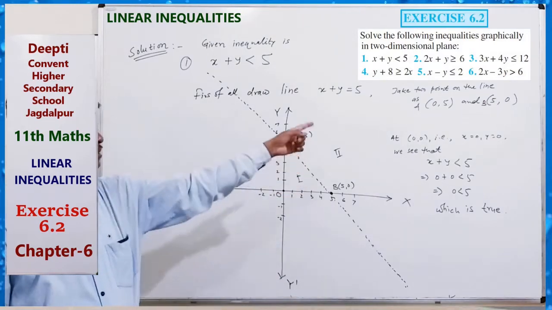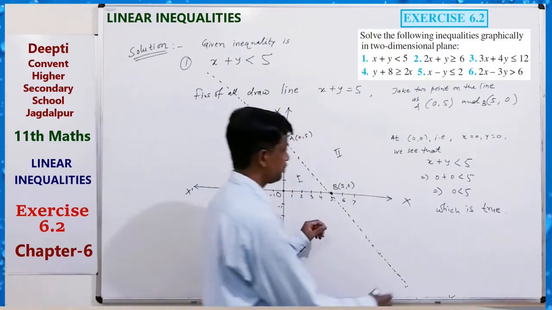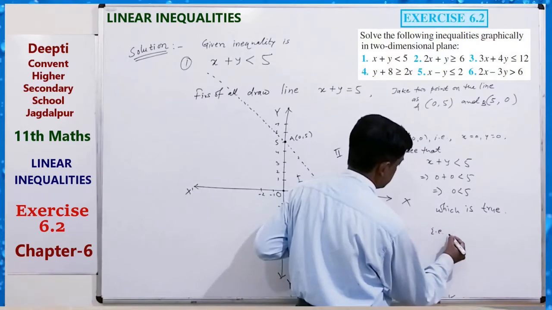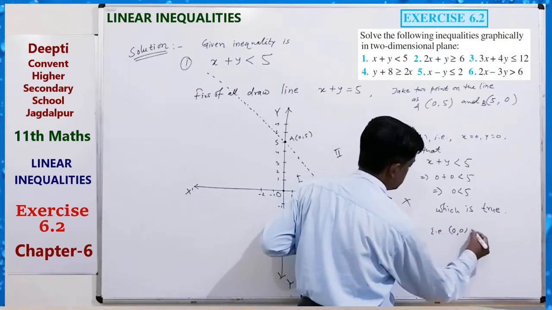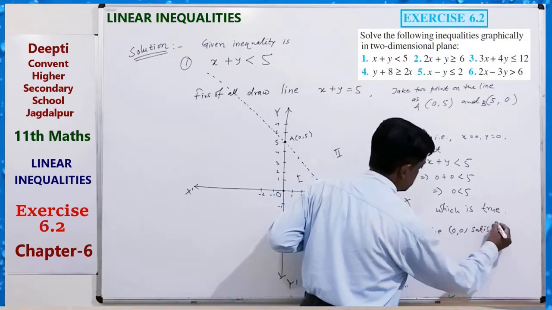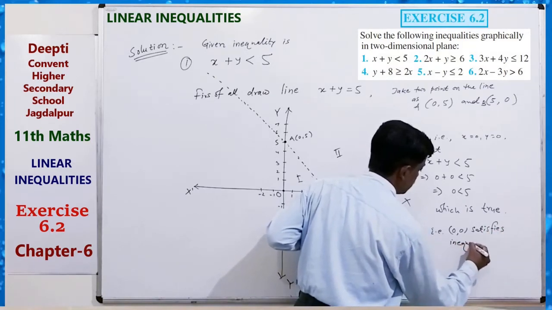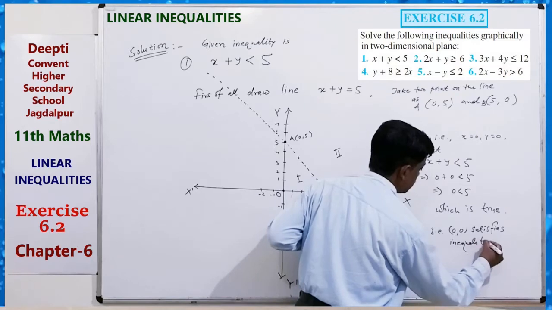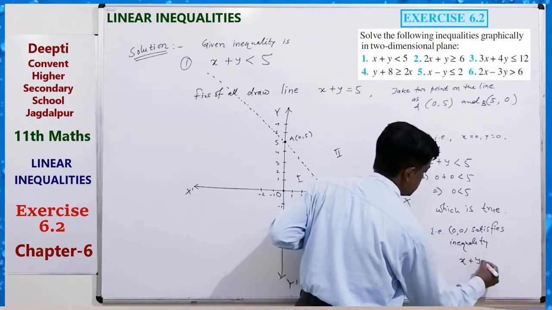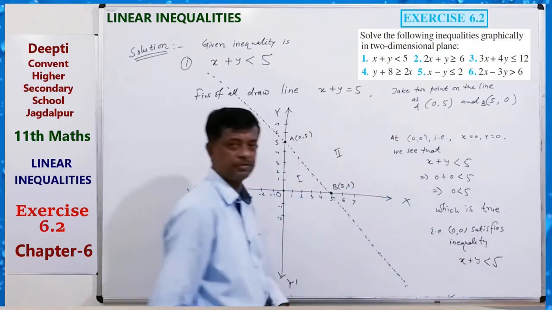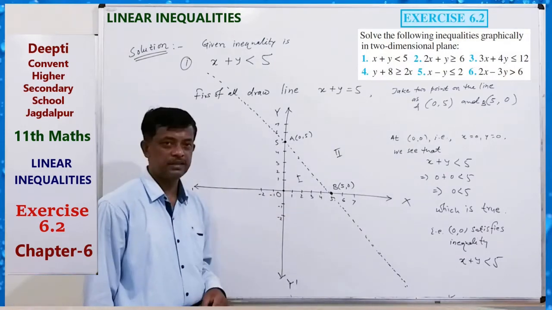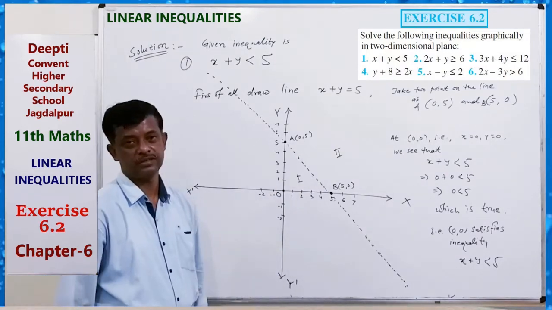That means 0, 0 satisfies the inequality x plus y less than 5. That is, the origin is satisfied, so the first part is the solution region.